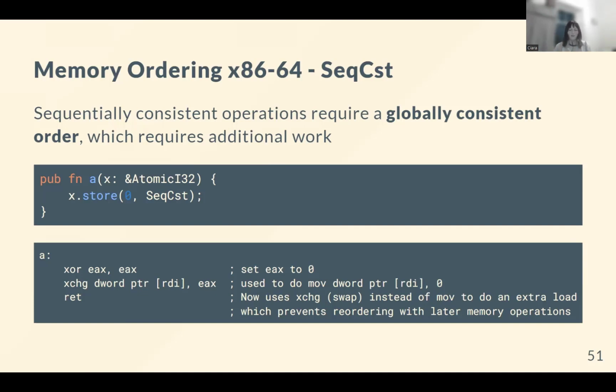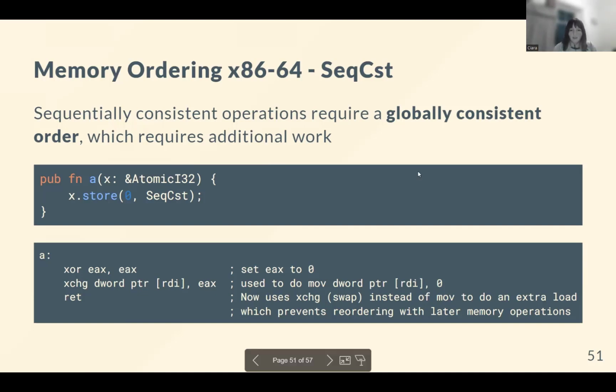So if variable A and variable B are going to change relative to each other in some order, so A gets set to 7, B gets set to 3, both processors are going to see A gets set to 7, B gets set to 3 in that order. That is the order that's going to happen. Doesn't mean they happen at the same time. It still might happen later or earlier, depending on when it gets read and where it's from the cache and what's going on with your thread. But it is going to have some globally consistent order.